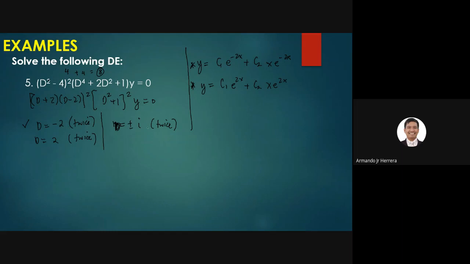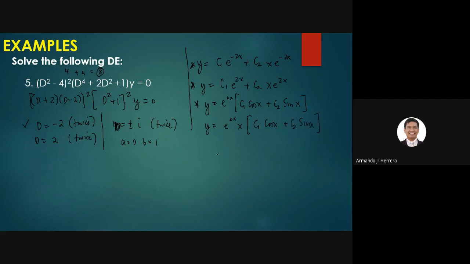Punta tayo dito sa unang ulit ng plus or minus i. So, ang a mo rito ay 0, ang b mo rito ay 1. So, magkakaroon tayo ng e to the 0x, c1 cosine x plus c2 sine x. Since inulit, magkakaroon tayo ng another y, e to the 0x times x, c1 cosine of x plus c2 sine of x.